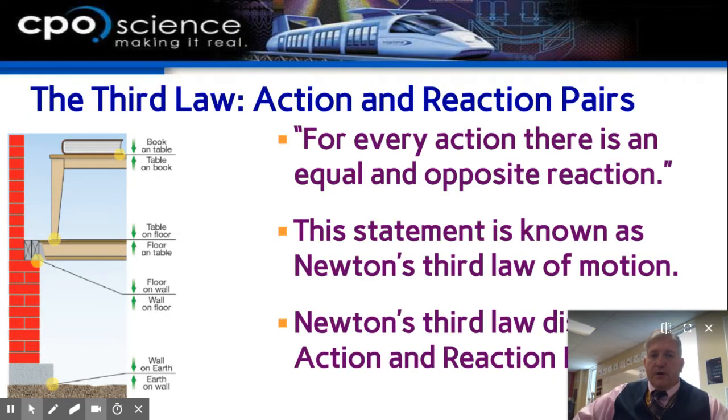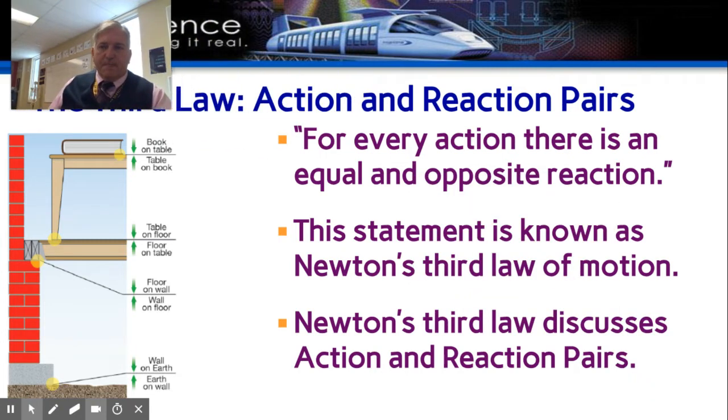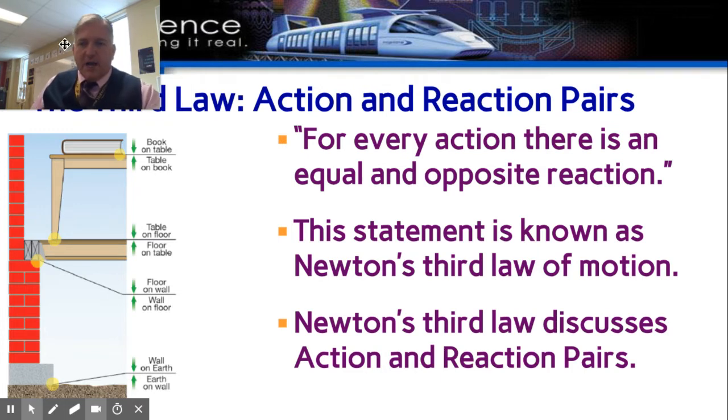All right, so we're talking about Newton's third law of motion. These are things that you already know: for every action there's an equal and opposite reaction, known as Newton's third law of motion, and there are always action-reaction pairs. You see here that the book is on the table and the table's on the book.